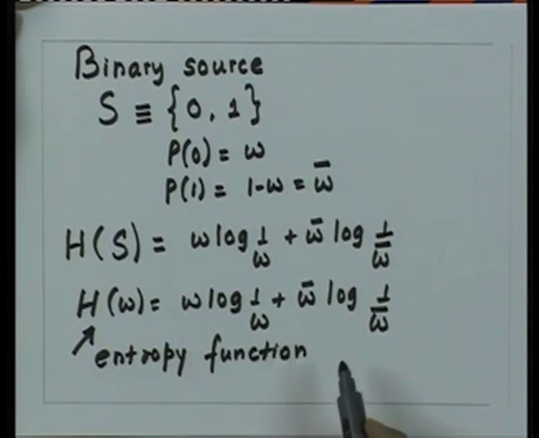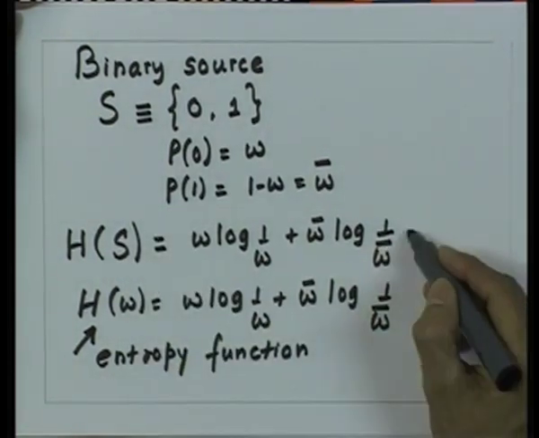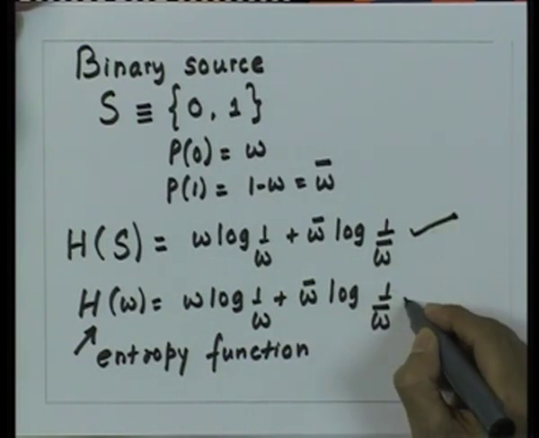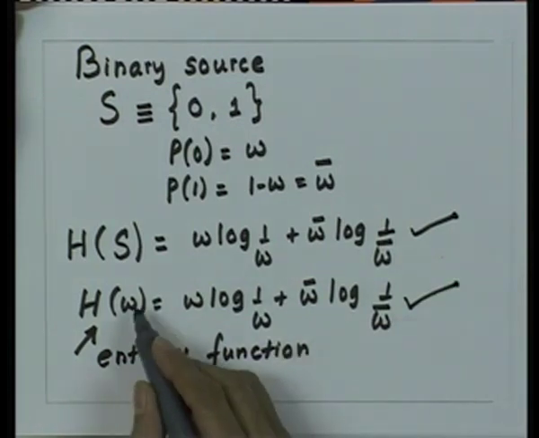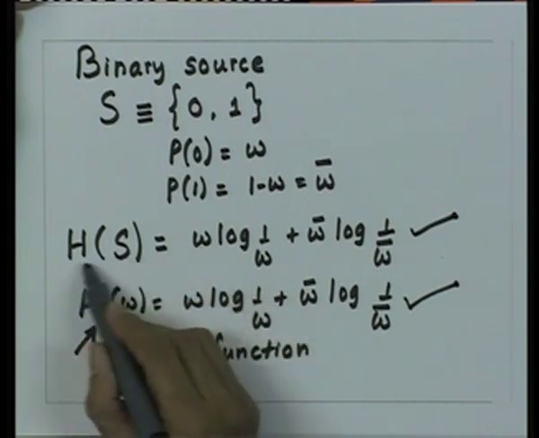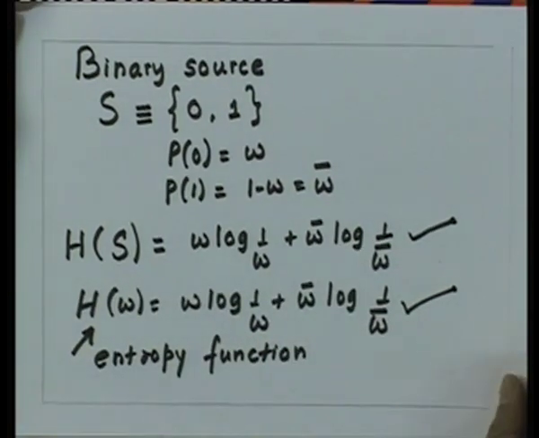It is important to realize the difference between these two expressions. This is an expression for the entropy of a zero memory binary source, whereas this is an expression for an entropy function, which, like any other function, has the variable W. For given W, this is the entropy I will get for a binary source.